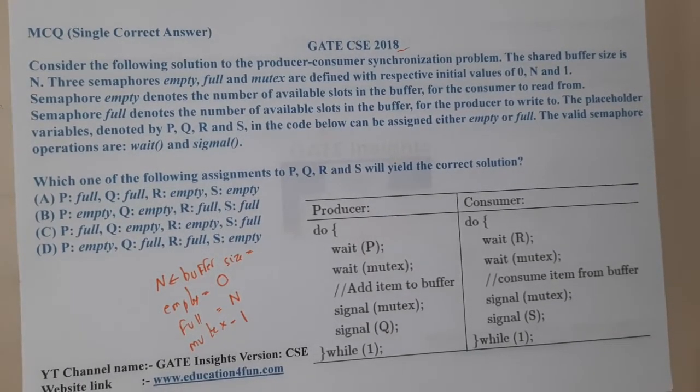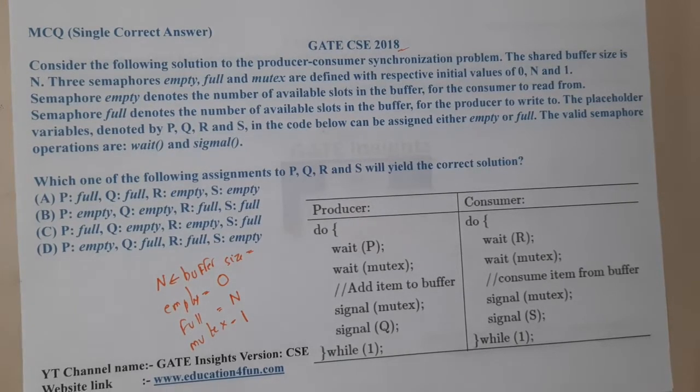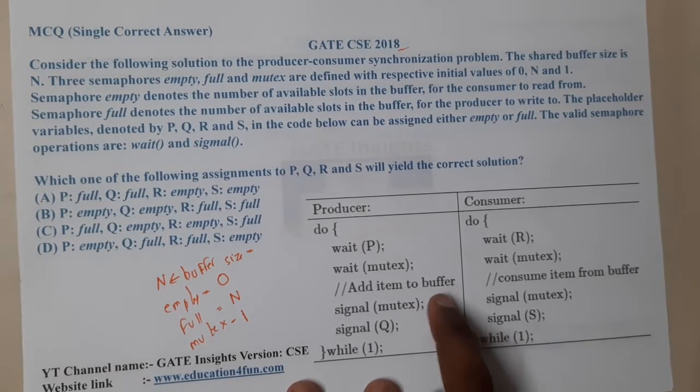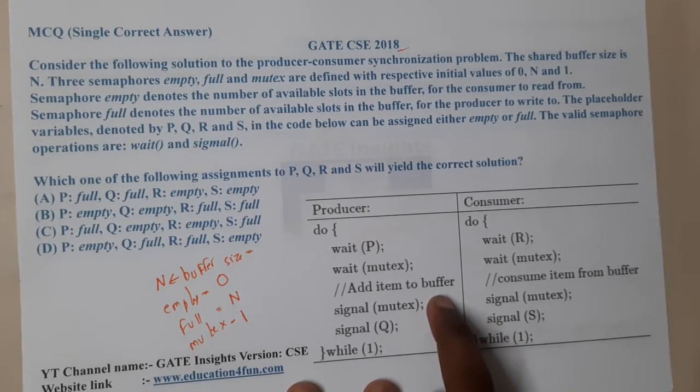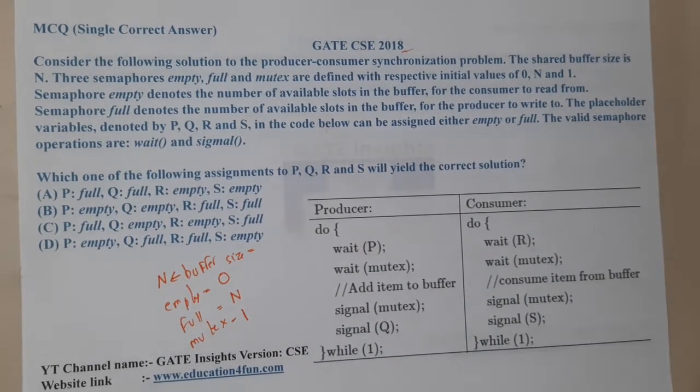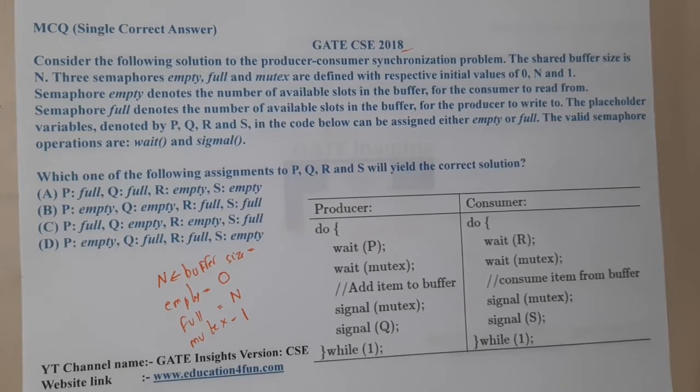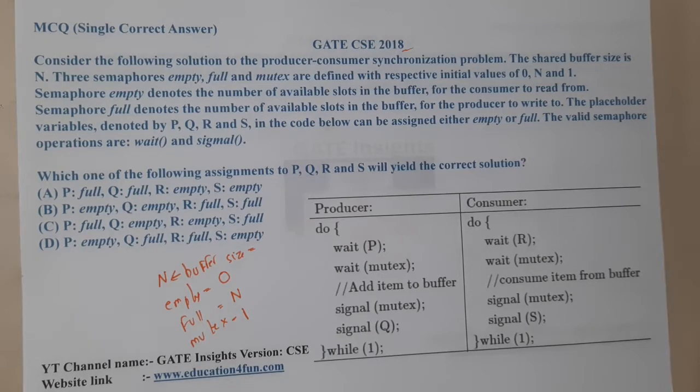If we are working with the producer consumer, before adding an item, what do we check? We check overflow, before producing, whether the buffer is full or not. Overflow means we check the value of empty: is the value of empty equal to 0 or not?